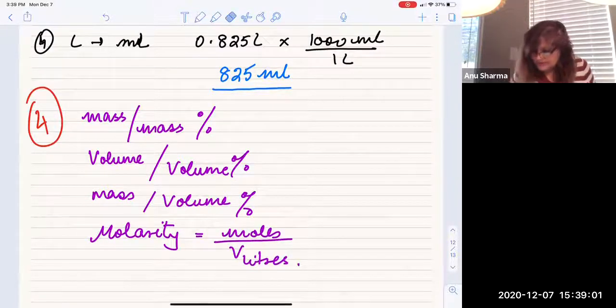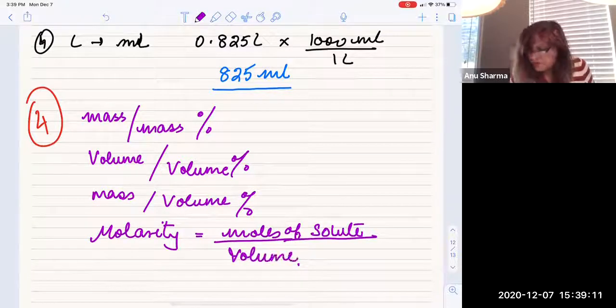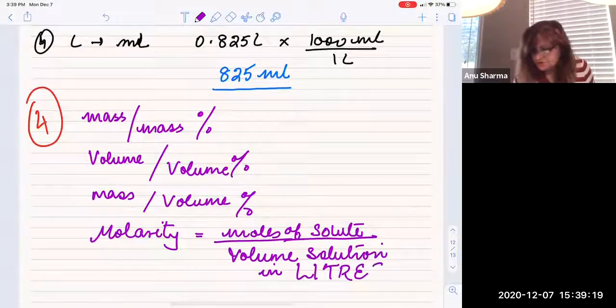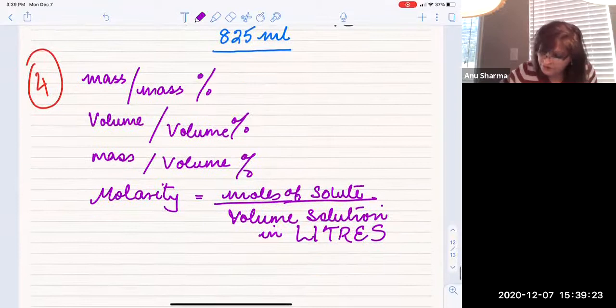So pay attention: this is the moles of the solute and this is the volume of the solution, and this is always in liters. That is why we have to do those conversions, all these interconversions.